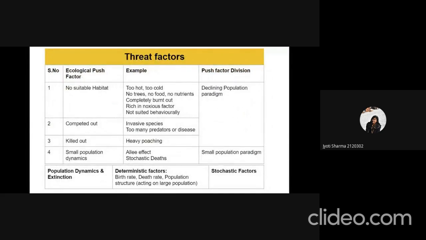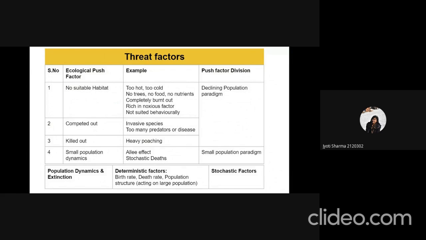Okay, then we have some ecological push factors, and we also have some population dynamic and extinction push factors. So let's talk about them one by one. If the habitat is not suitable for the organism or the species, what will happen? The species will not survive here, right?